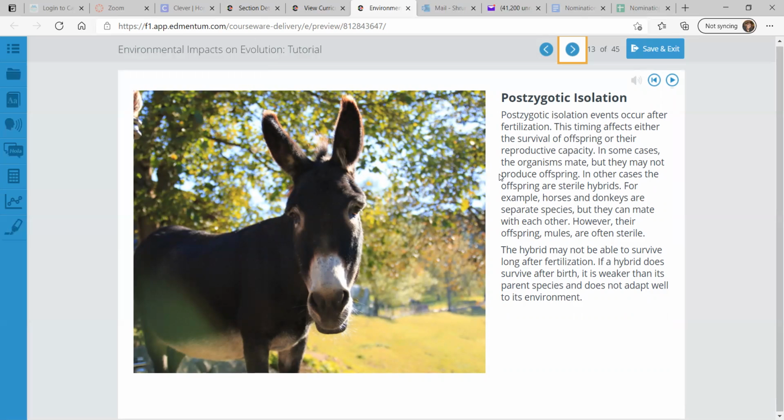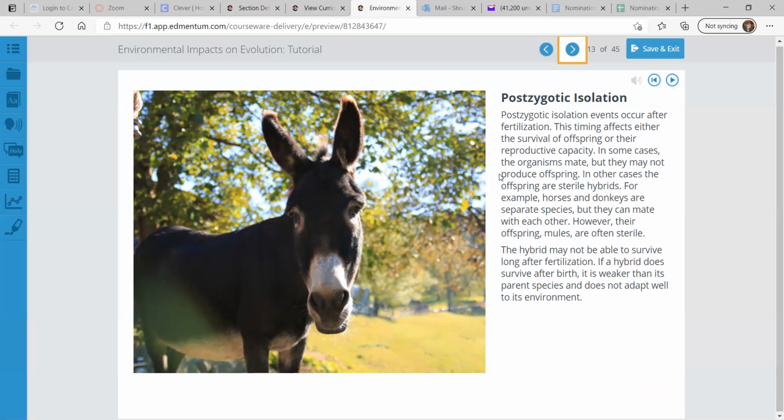So, for example, if you take a horse and a donkey, they are separate species, but they can mate with each other, but their offspring, which is a mule, is often sterile. So a mule cannot mate with another mule.